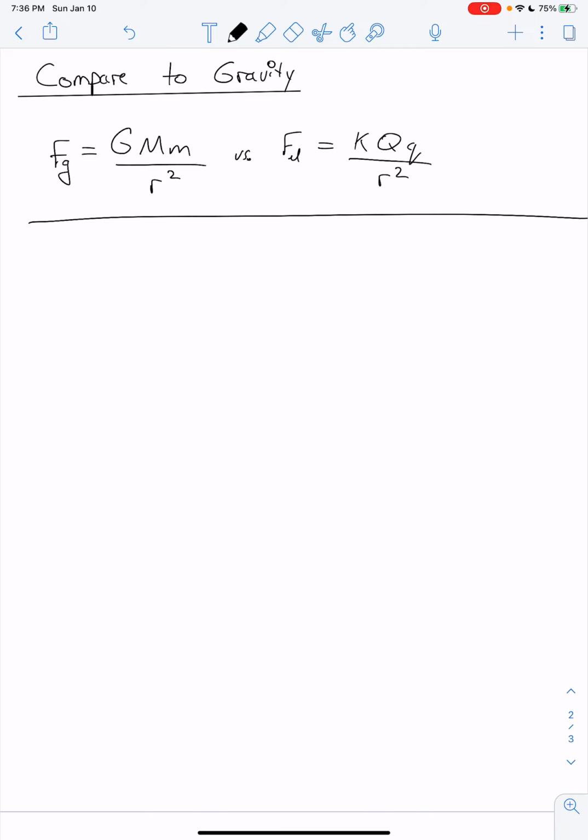Now let's try an example where we look at the force due to gravity and that of the electric force. So consider two protons. We'll have some object there, positive, and then some object here.